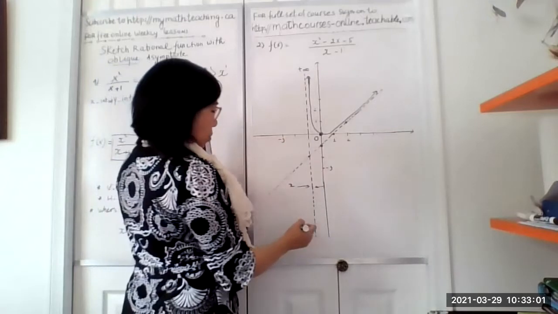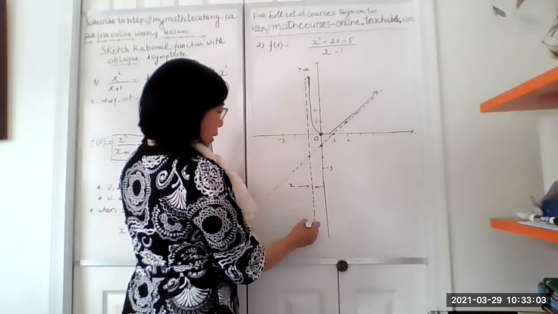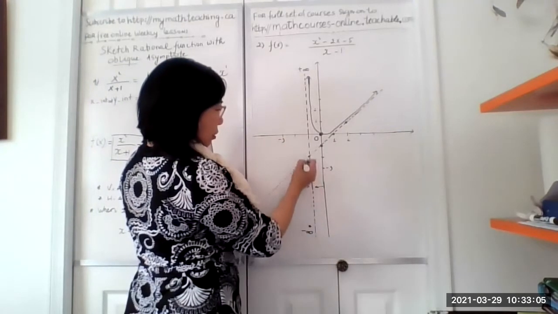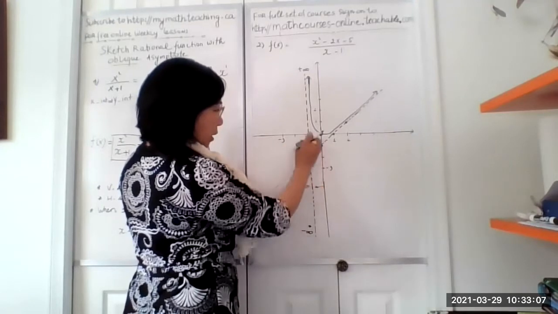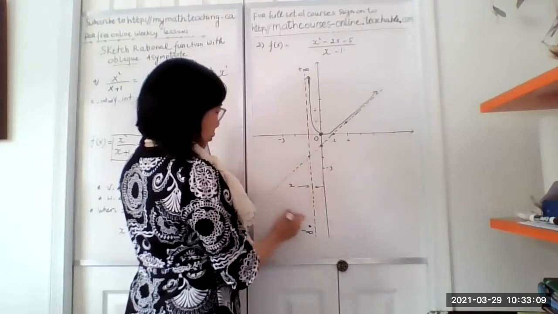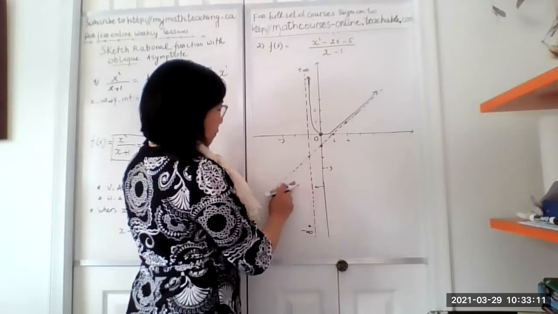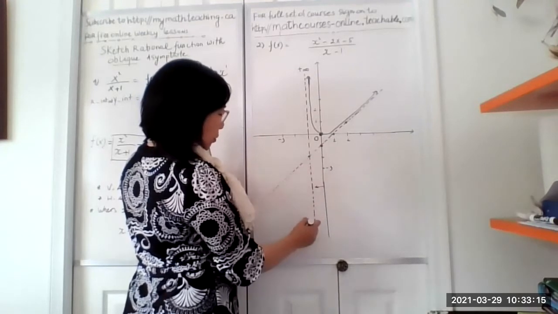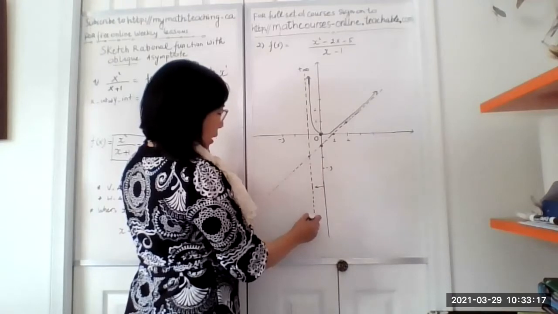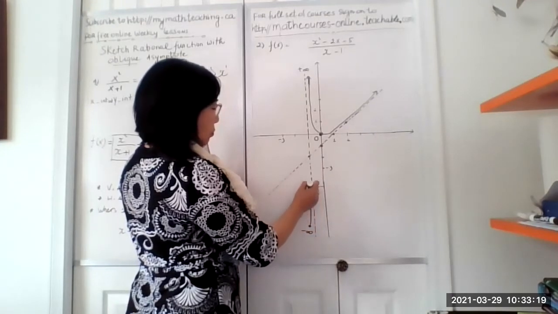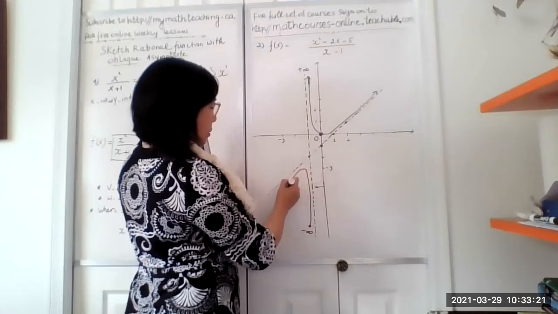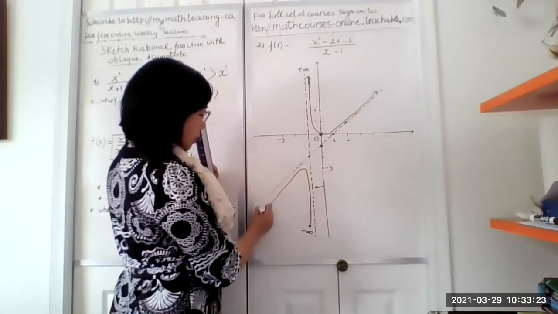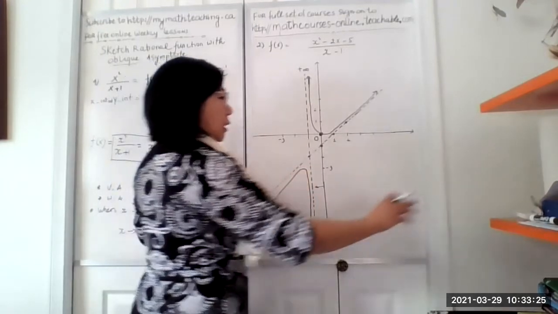What else do we know? We also know that we can put the pen here on the left-hand side of this vertical asymptote. So based on the vertical asymptote, I know that my function will shape along with this asymptote, and something looks like this, right?